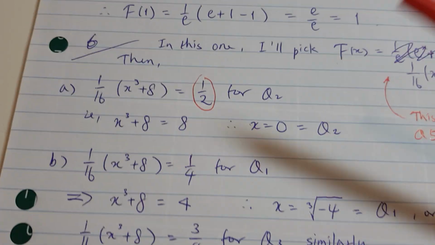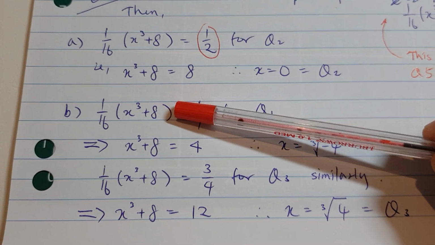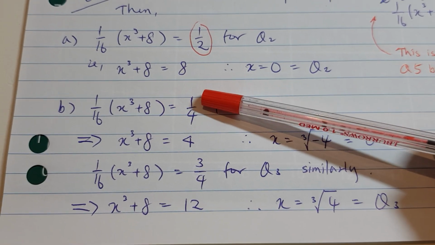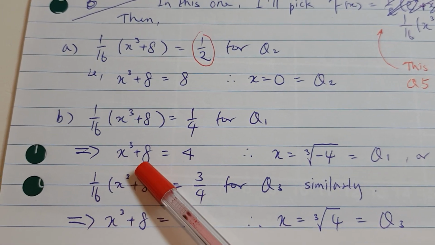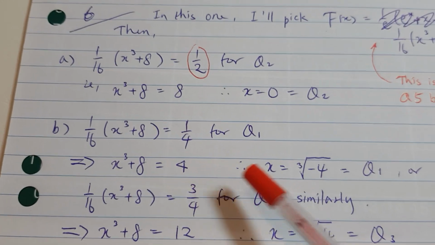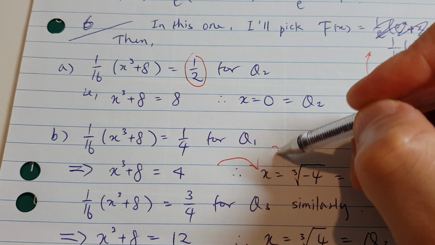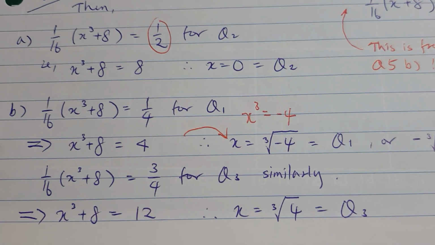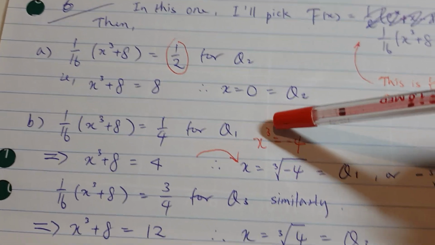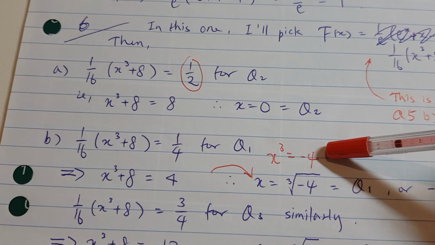Part B, the lower quartile is the 25% mark. So same CDF function, but it's now set at a quarter. If you do the algebra, then you get x cubed plus 8 equals 4, and therefore, I'm jumping a bit here, x cubed equals -4. Now, anything with an odd power could be negative, so you shouldn't be surprised by that.